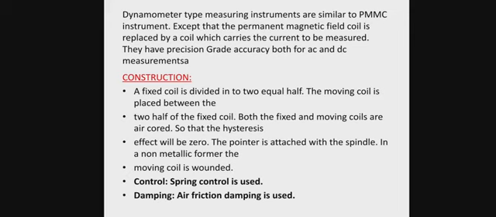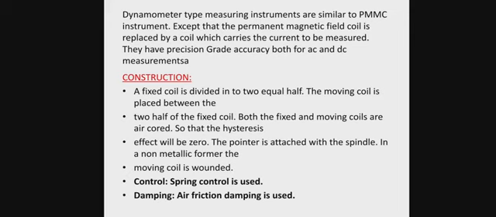Then we discuss the construction of a dynamometer instrument, or electromagnetic moving coil instrument. A fixed coil is divided into two equal halves. The moving coil is placed between the two halves of the fixed coil.